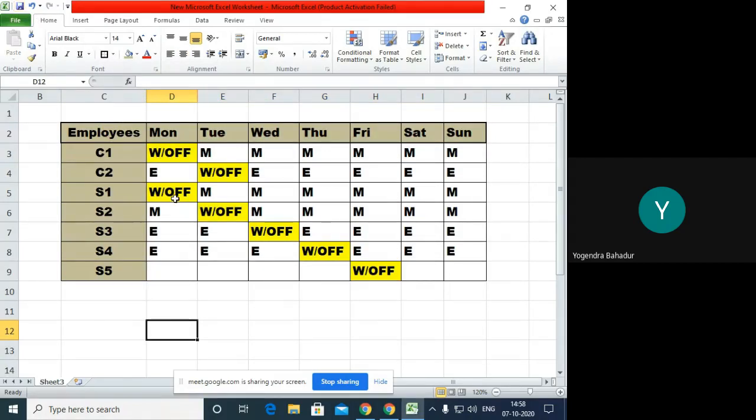First of all, let's bring out some changes as far as the captain is concerned. If the first captain is having a weekly off on Monday, then obviously in the morning, if the other captain is going to come in the evening, who is going to look after the morning shift?